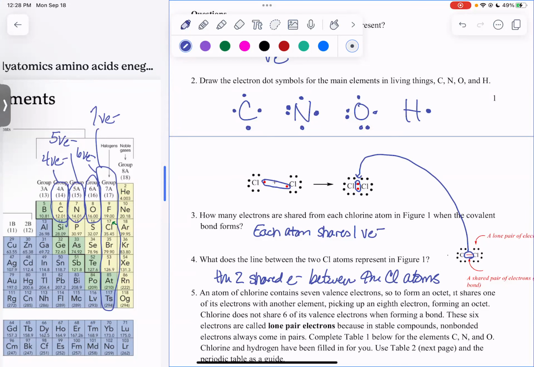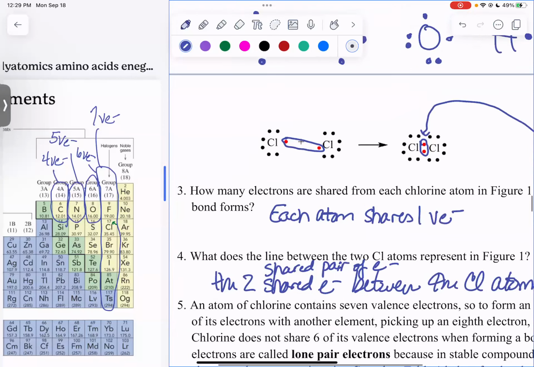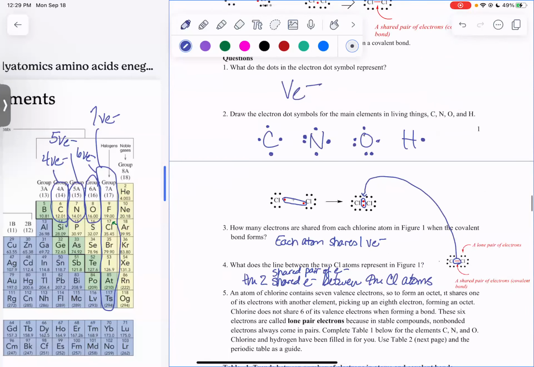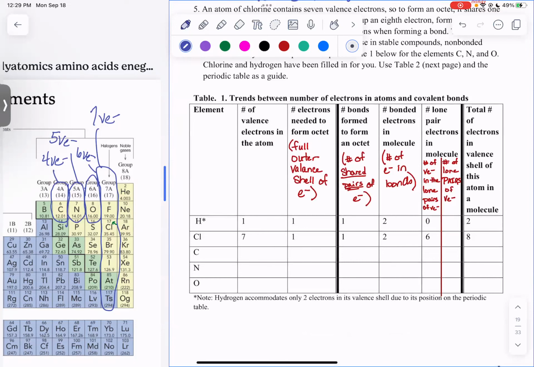So we call this a shared pair of electrons. And one electron from the pair comes from one chlorine, and 1 electron from the pair comes from the other.